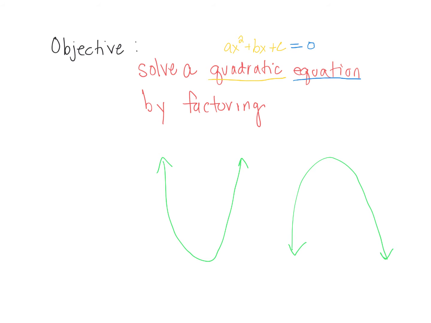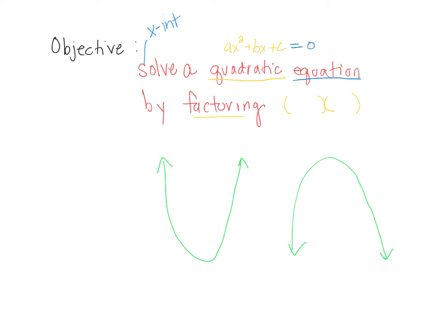And we know that when it says the word solve, what we are looking for are the x-intercepts, or the solutions, or the roots, or the zeros of the function. And we're going to be using factoring today, and factoring breaks a quadratic polynomial into its factors.